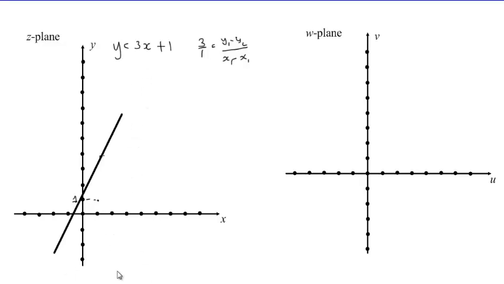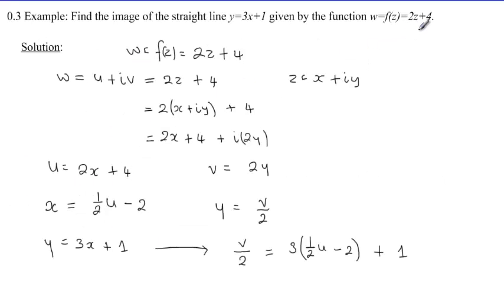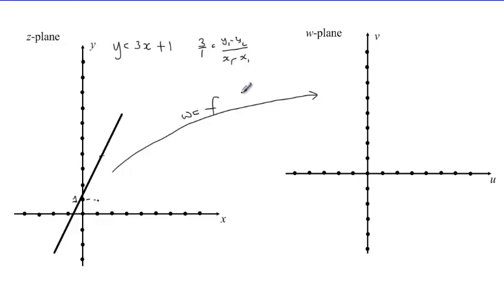Now, on the other hand, we saw that this line via the function f is mapped to the omega plane. The function f, we know, is f of z equals 2z plus 4.